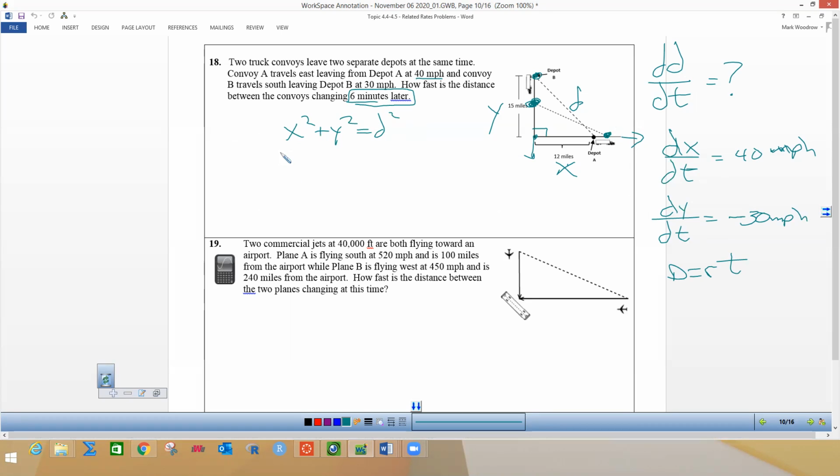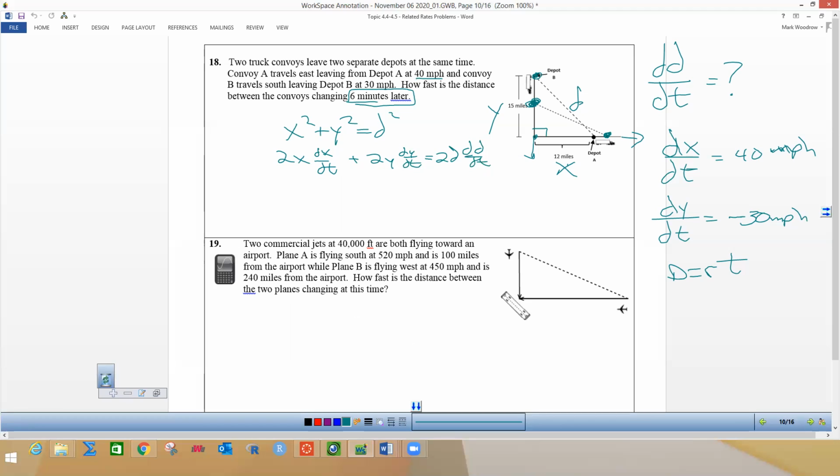We got to do a derivative. So we would get 2x, and because we're doing a derivative of x, but it's with respect to t, we must put dx dt on there from implicit differentiation rules. And then this one is going to be 2y, and it will be dy dt. And then this last one is going to be 2D, and it's going to be dD dt.